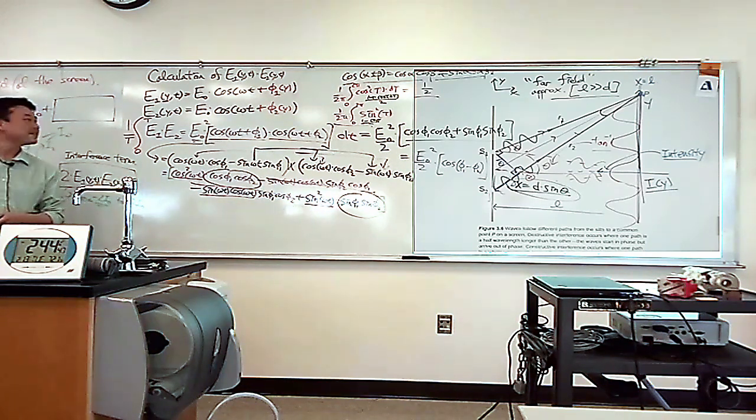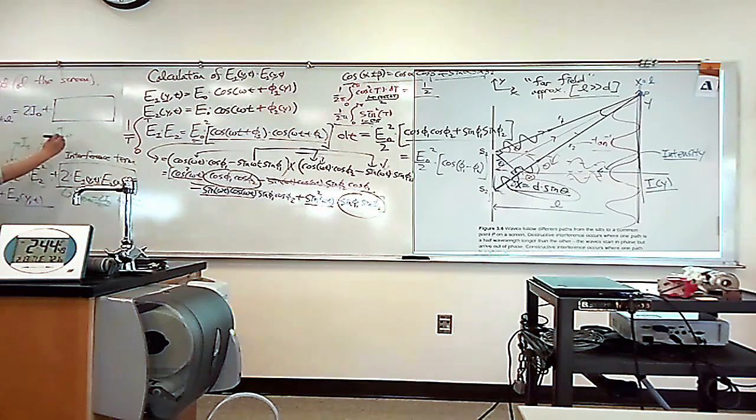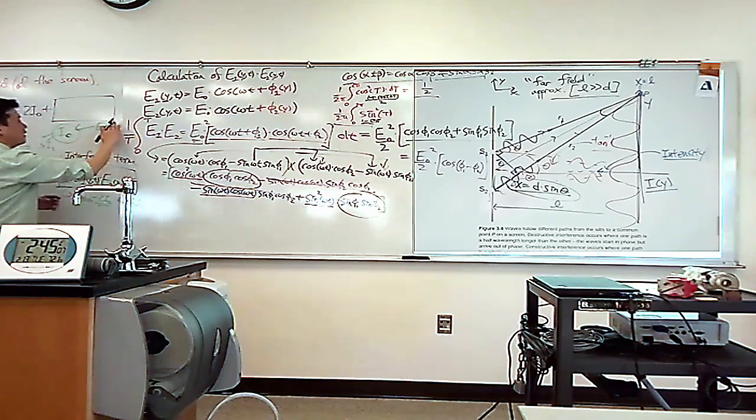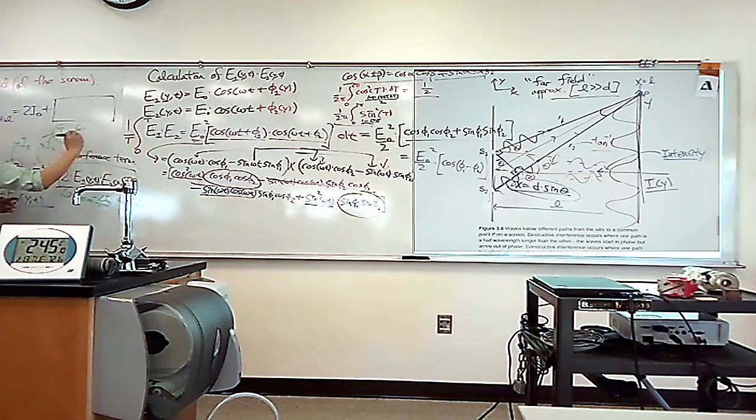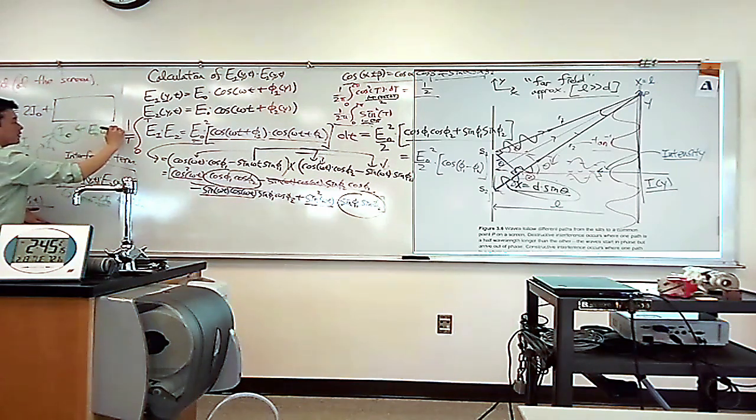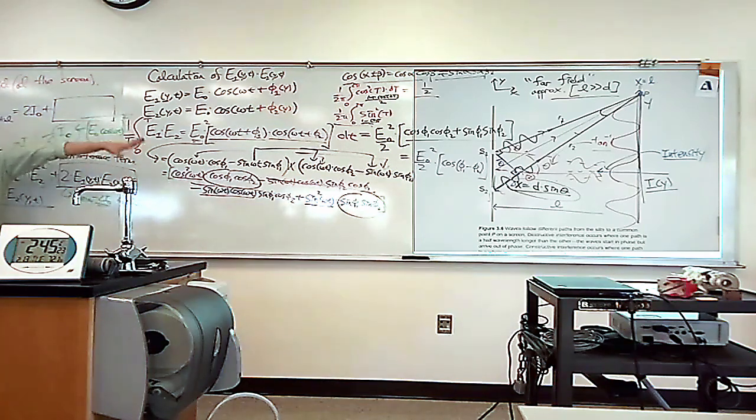So we've been talking about how this I naught is coming from E naught squared, right? But we didn't spell out exactly why. I want you to see that if we have this E naught squared as a square of E naught times cosine of omega t, we are first going to square and then take this time average that we are doing over there.